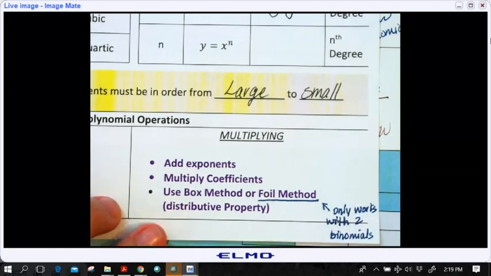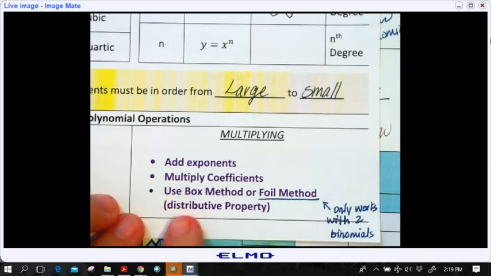Okay, if I multiply a binomial and a trinomial together, I can't use that FOIL acronym. So really the official name for the FOIL method, what we're actually doing, is distributive property of polynomials, okay, when there's more than one term. So let's go ahead and look at some examples.